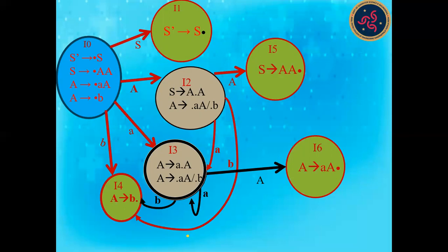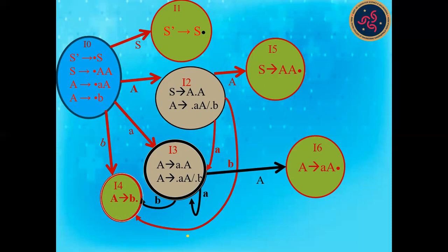Is that clear? This is the final DFA after constructing all the canonical collections for the LR0 items. By using this DFA, we need to construct our parsing table.